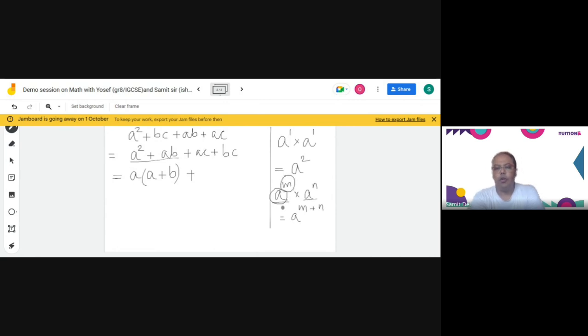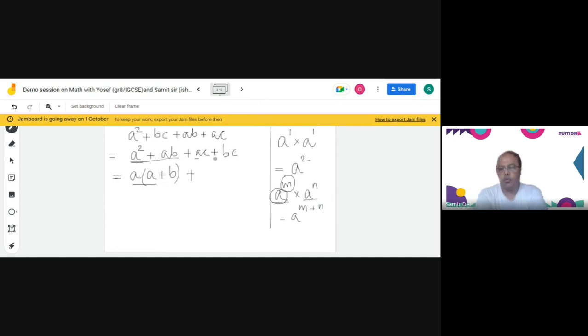So as per the laws of indices, a to the power m into a to the power n is equal to a to the power m plus n. That is exactly what is being done here. a to the power 1 multiplied by a to the power 1 is a to the power 1 plus 1, to get a to the power 2, which is ideally a into a. That is why we have written a and we have got a plus b.